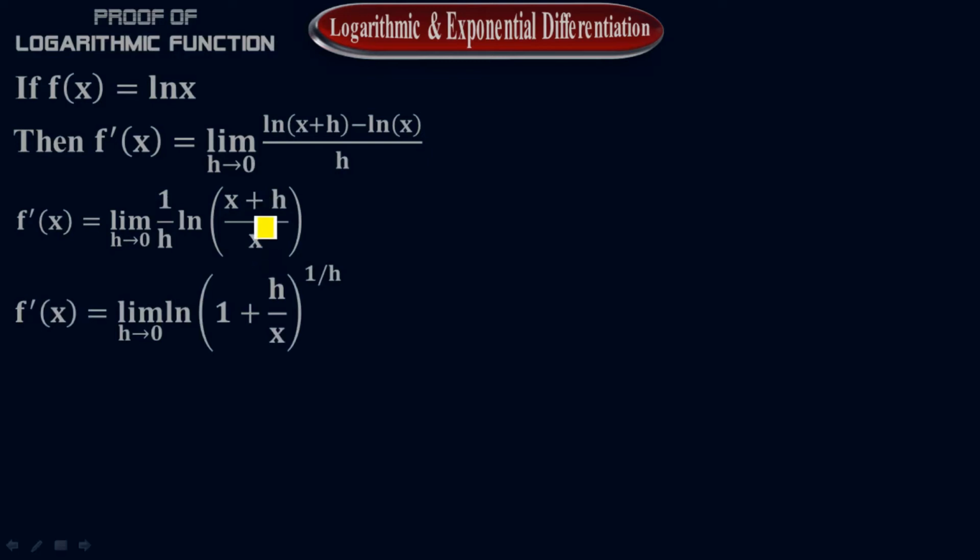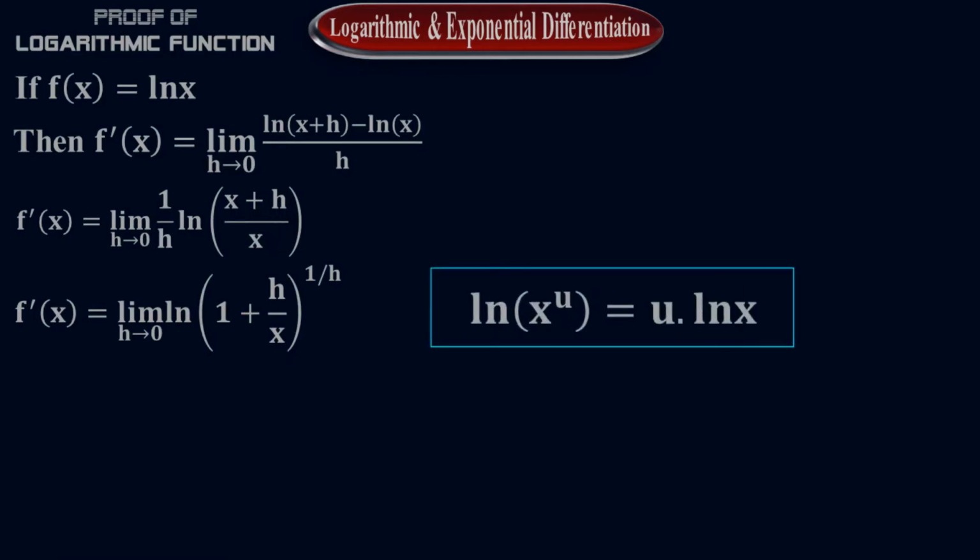Now separate the terms to have x over x plus h over x. X over x cancels, so I am left with 1 plus h over x. When you separate the terms, I applied that simple logarithmic rule, natural log of x to the u equals u times natural log of x.